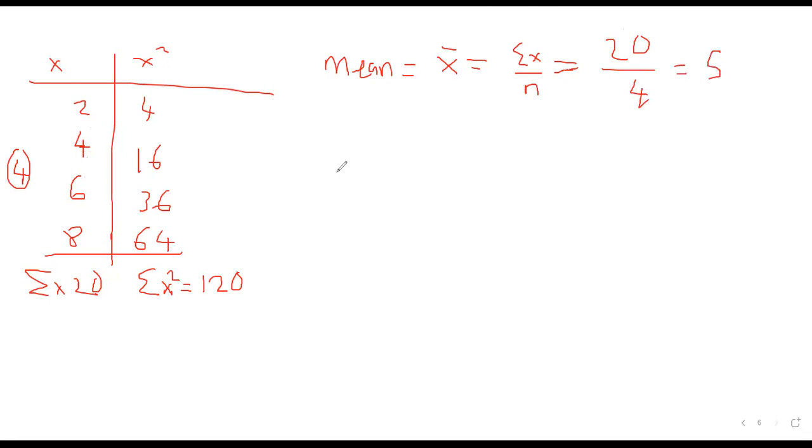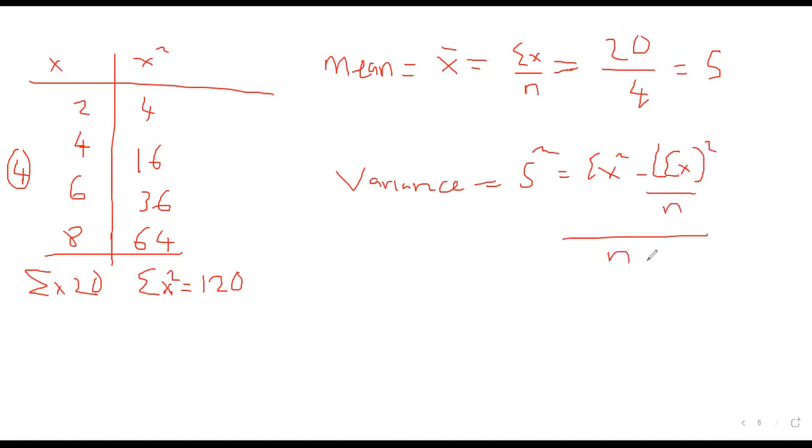Then we go to what we call the variance. The variance is given by summation of X squared minus summation of X to the power 2, over N, and everything over N minus 1. So here we have 120 minus 20 squared over 4, and everything over 4 minus 1.